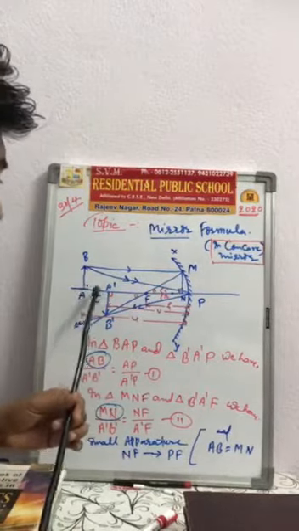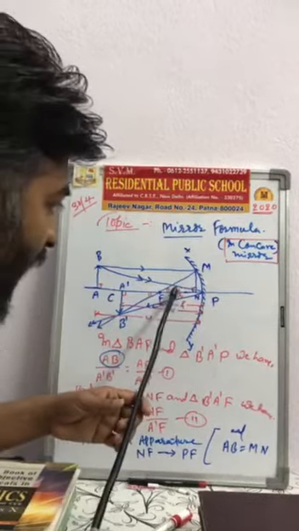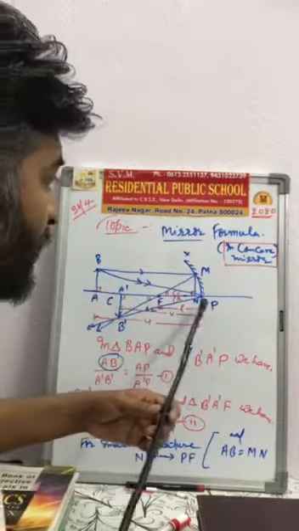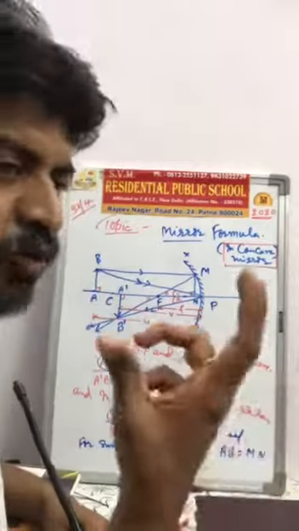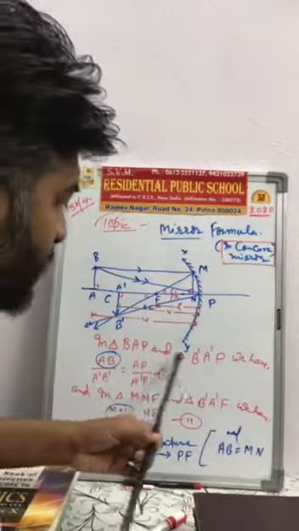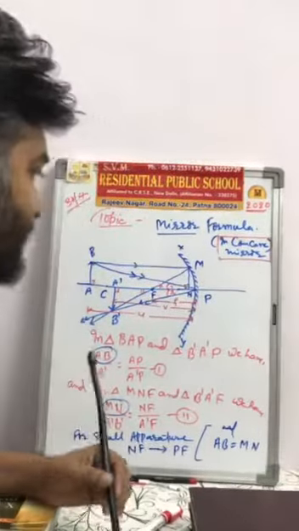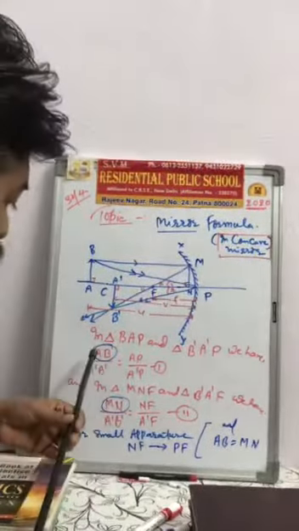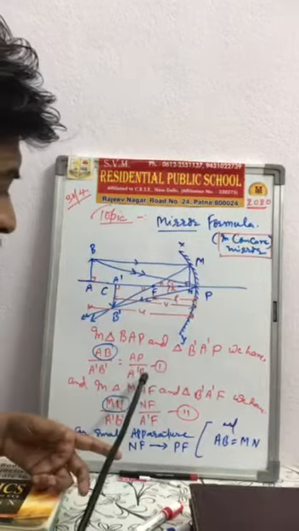Because the object and image are perpendicular to the principal axis, and angle I is equal to angle R, because CP is a radius, which is perpendicular and behaves as a normal at point P. So these triangles are similar, and by the similarity rules their sides are proportional. So we can say AB by A'B' is equal to AP by A'P.